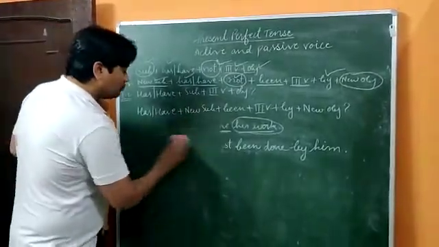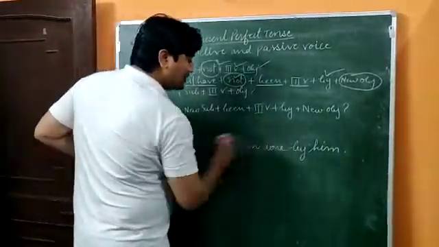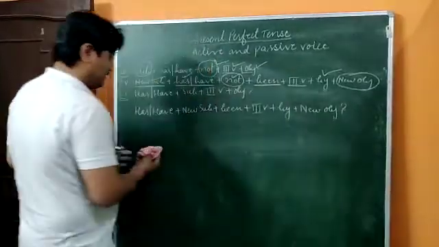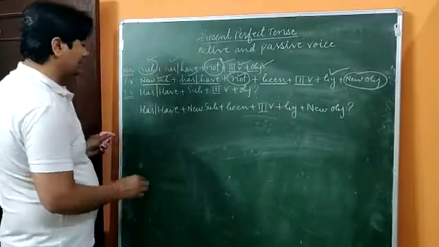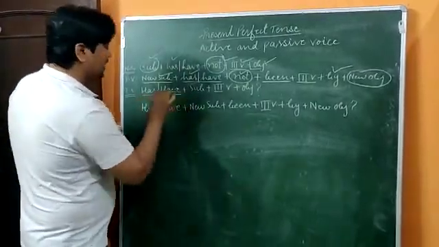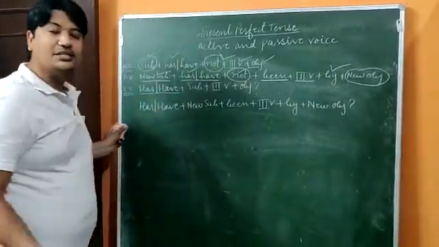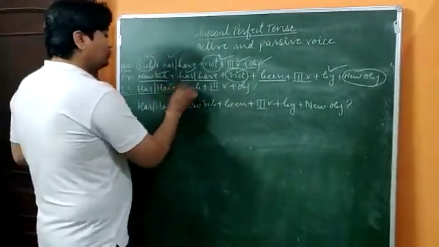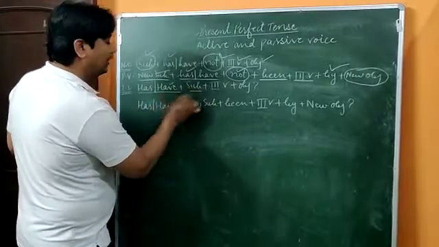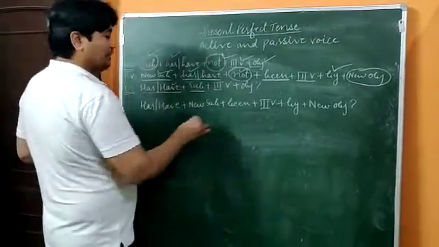Right. In this way, we shall change negative sentence into passive. Now next is how to change interrogative sentence into passive. Students, here is the structure of interrogative sentence. We are to use has, have in the beginning of the sentence. We can say the helping verb we are to use in the beginning of the sentence, either has or have according to the subject.